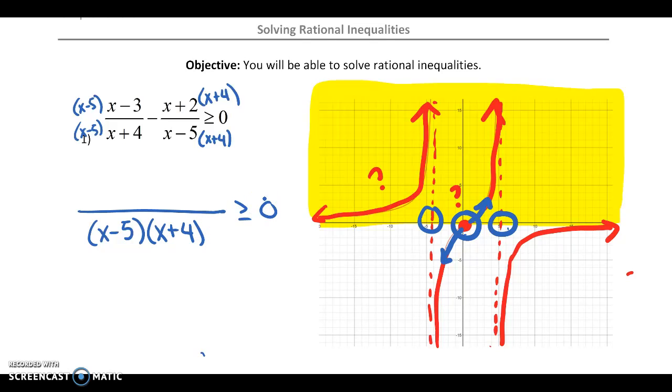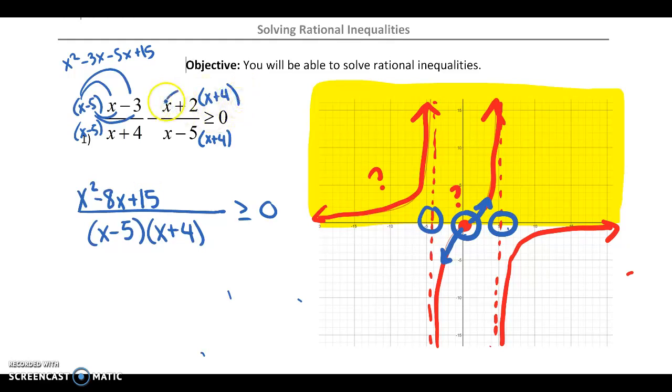And then we just need to figure out what the numerator looks like. So I'm going to go ahead and distribute these. With that said, you get x squared minus 3x minus 5x plus 15, which I can combine like terms, and that gives me x squared minus 8x plus 15 in the left fraction.